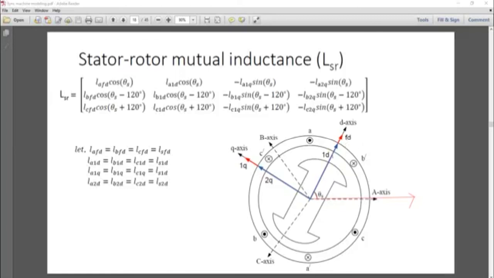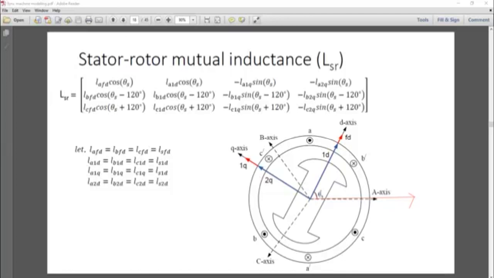So the mutual inductance remains a function of theta, related by the cosine component, because if you take the component of FD flux along the a axis, you get the cosine component. You are looking for the MMF along the a-axis, and the relation is simply theta s. So your inductance would be LAFD, some peak value multiplied by cosine of that angle.